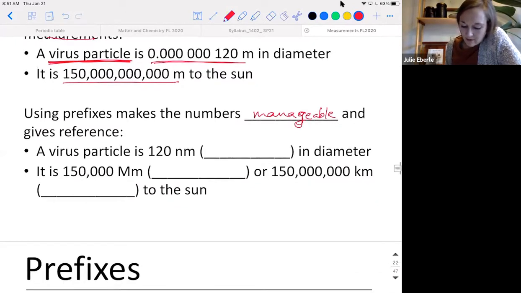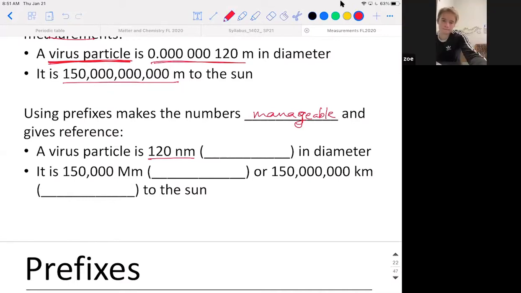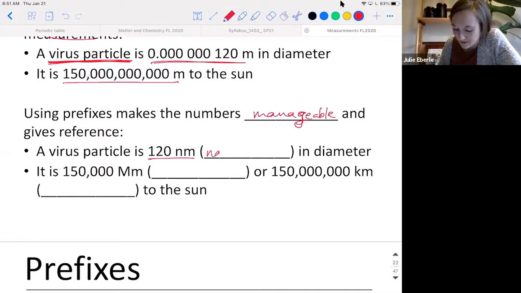All right. A virus particle is 120 nm. Anybody know what N stands for? Nano. Yes. Nanometers, in diameter.